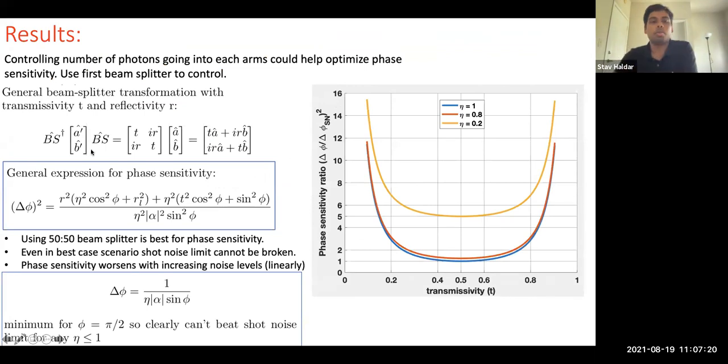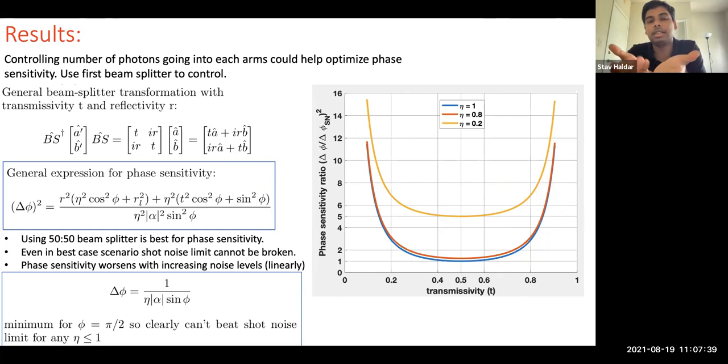So you can calculate the phase sensitivity. One slight diversion from the routine way of doing this is to assume that you want to control the number of photons that go into each arm.